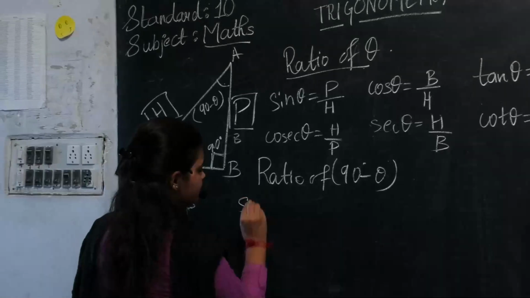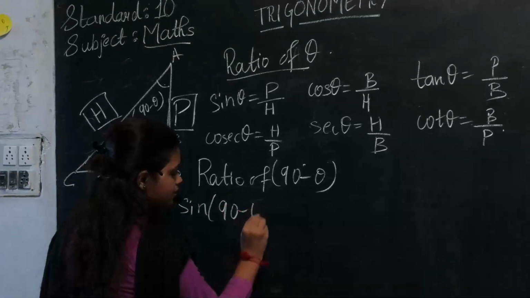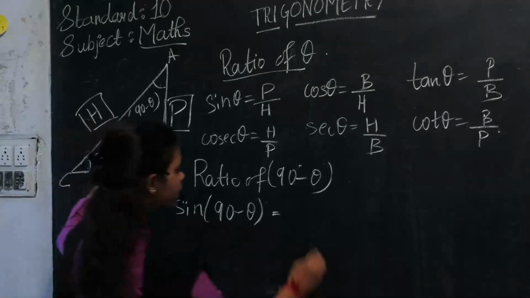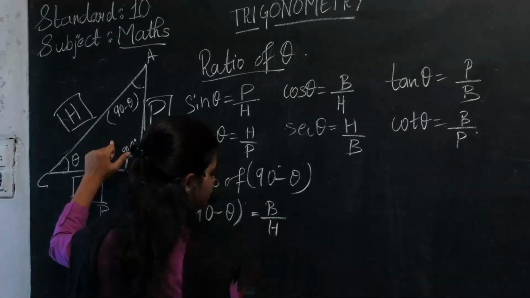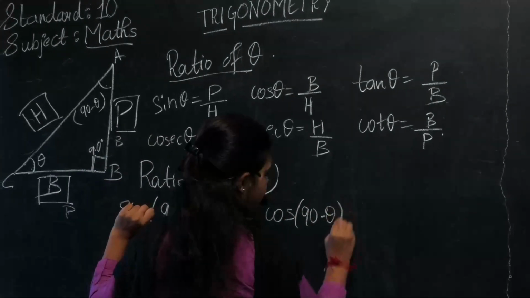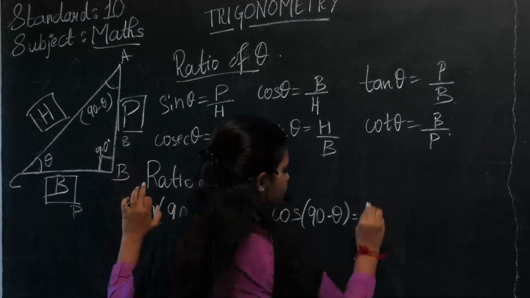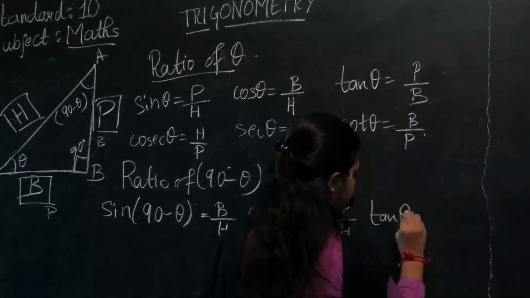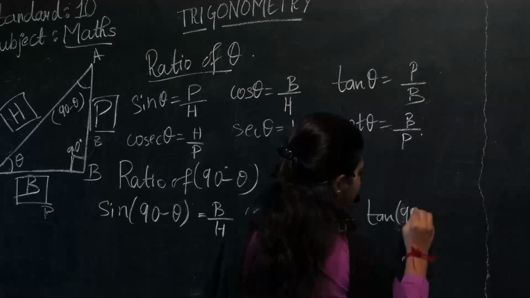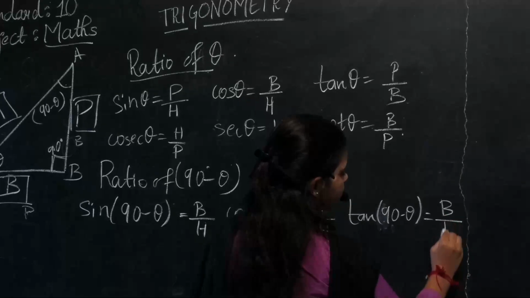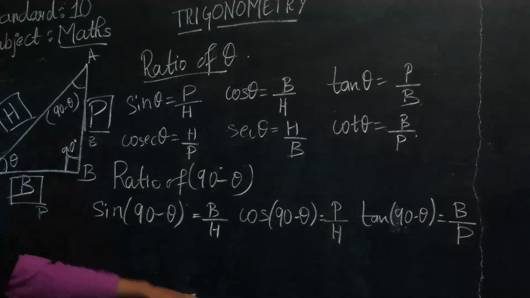Now, sin 90 minus theta equals, what is the answer? B upon H. Here, cos 90 minus theta will be P upon H, and tan 90 minus theta will be B upon P. Clear?